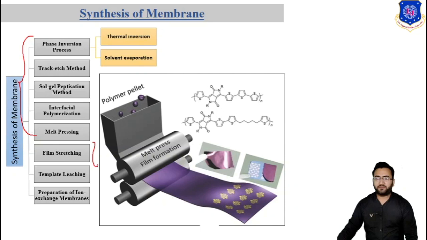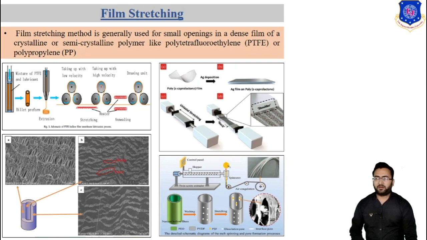Now in this session, we are going to discuss the film stretching method, the template leaching method, and the preparation of ion exchange membrane. So let's first start with the film stretching method. The film stretching method is generally used to make small openings in a dense film of a crystalline or semi-crystalline polymer like polytetrafluoroethylene or polypropylene.